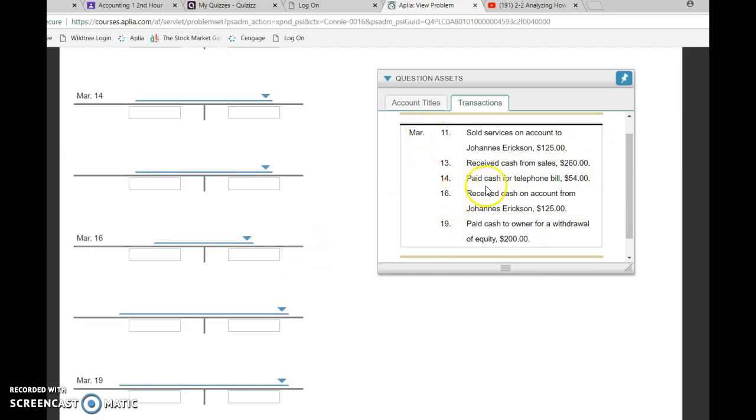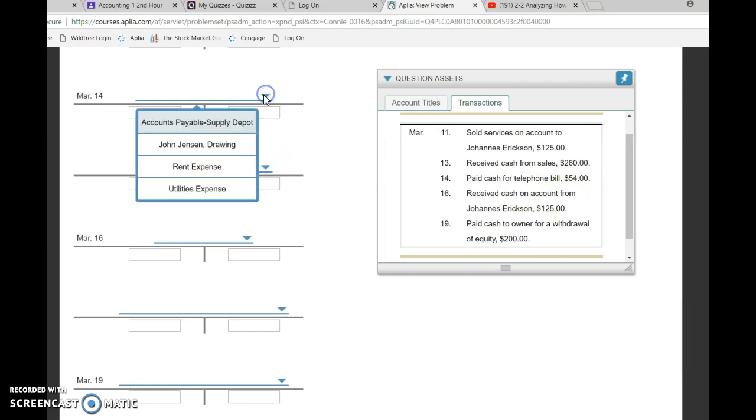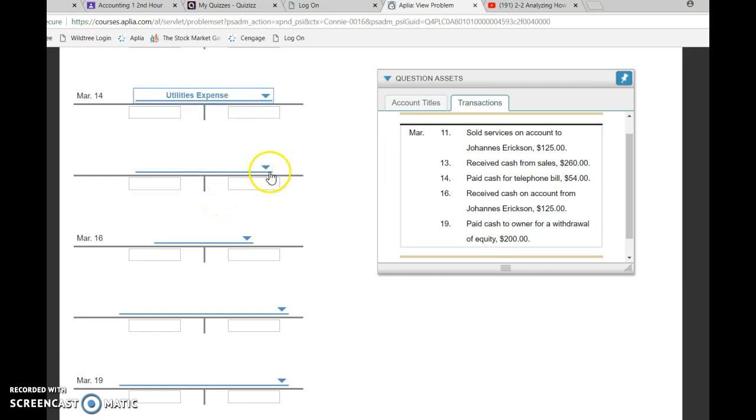Okay, March 14th, paid cash for telephone bill, $54. Zammy. Okay. So, utilities expense for the telephone bill and cash. So, $54 debit on the utilities expense, credit on cash.